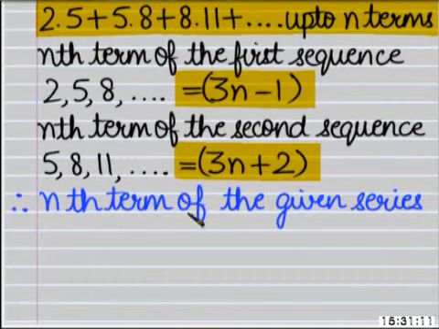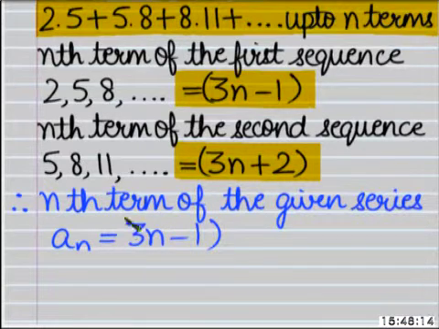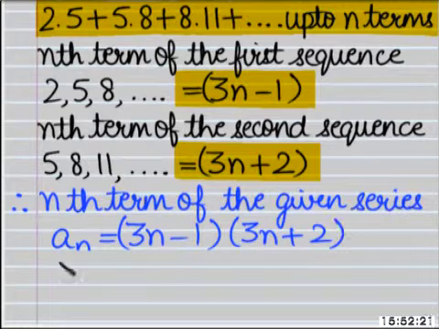Therefore, nth term of the given series, that is an, is equal to nth term of the first sequence into nth term of the second sequence, which is equal to (3 into n minus 1) into (3 into n plus 2).